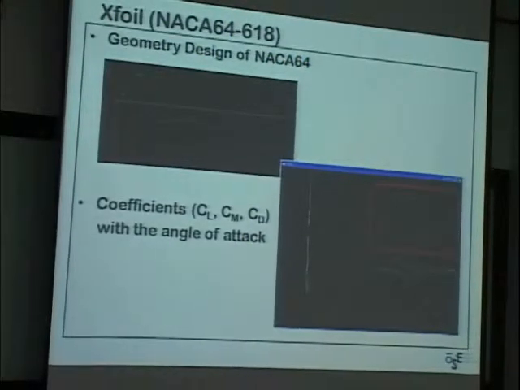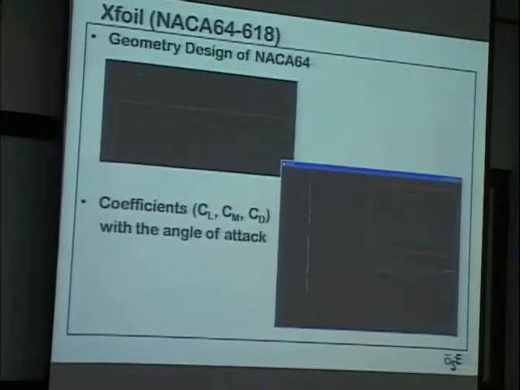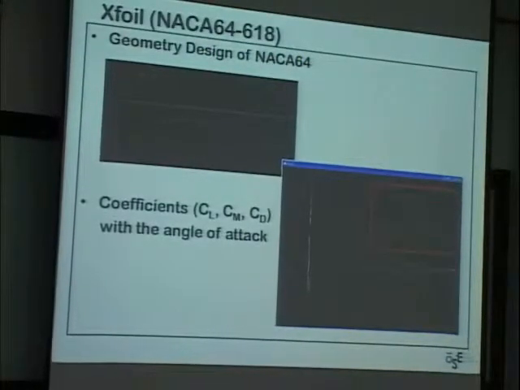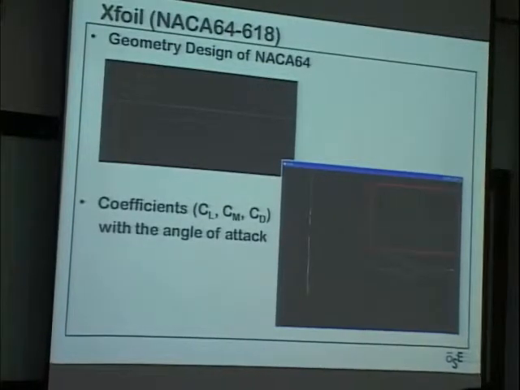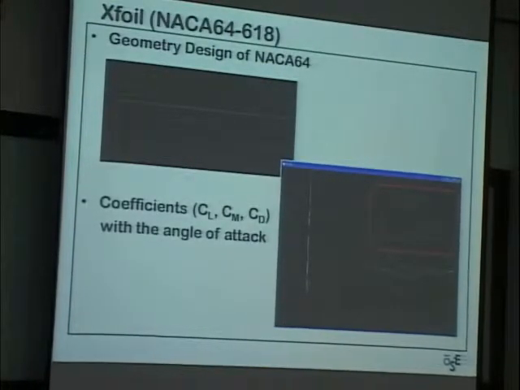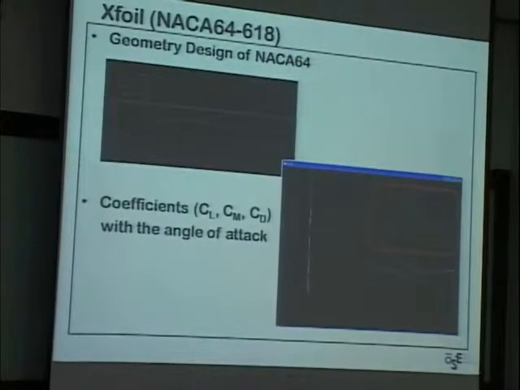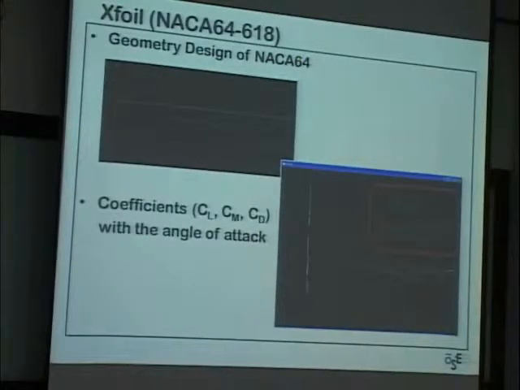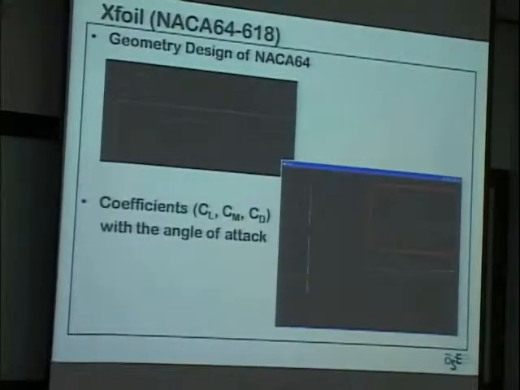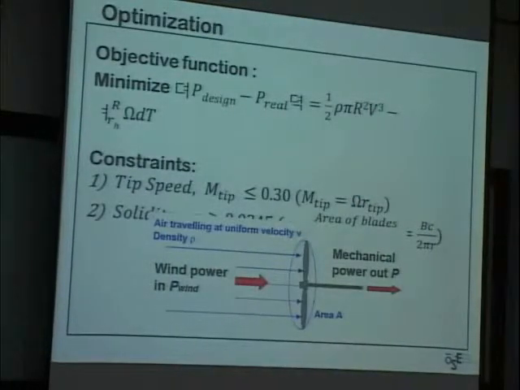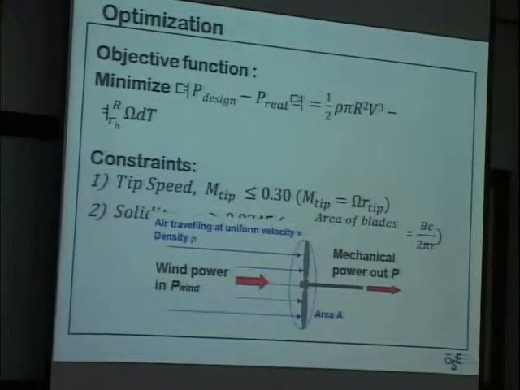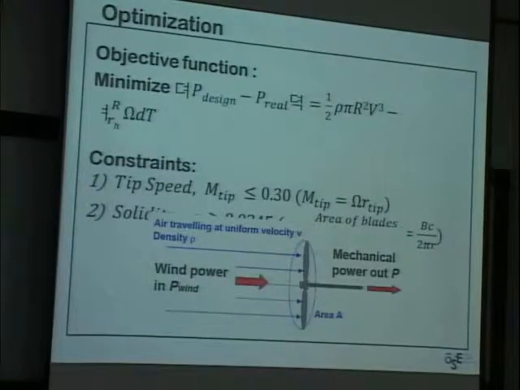In order to reach the output power requirement, we have to take into account the coefficients CL, CM, CD, and all of this can be done at some level. Here is our optimization problem.